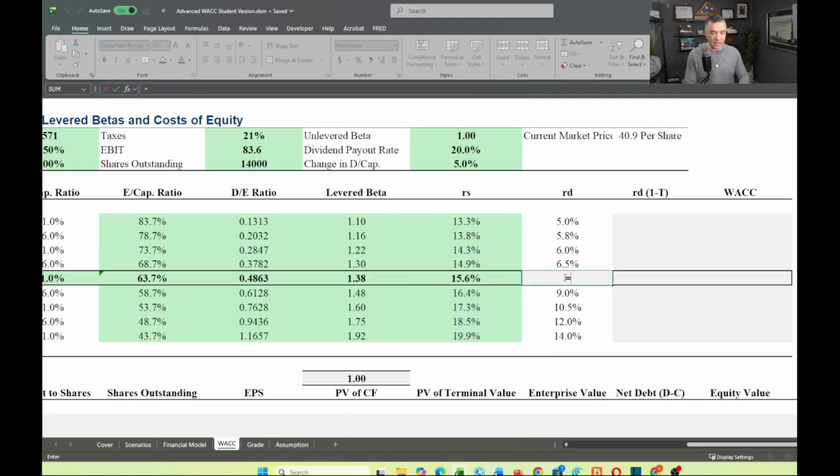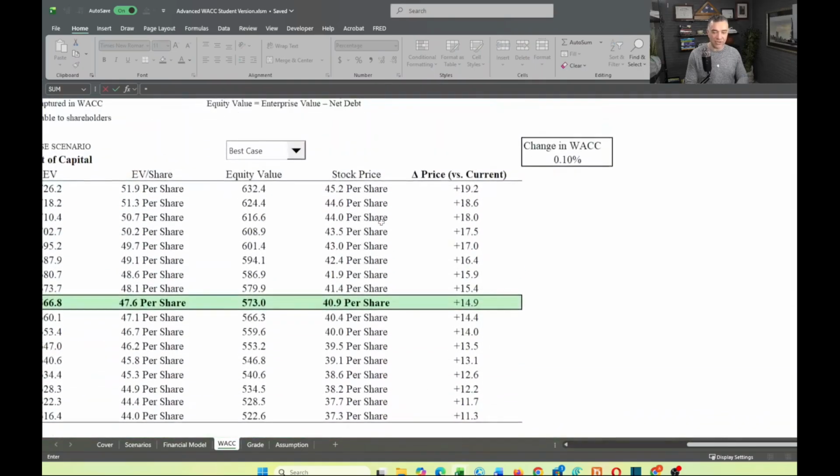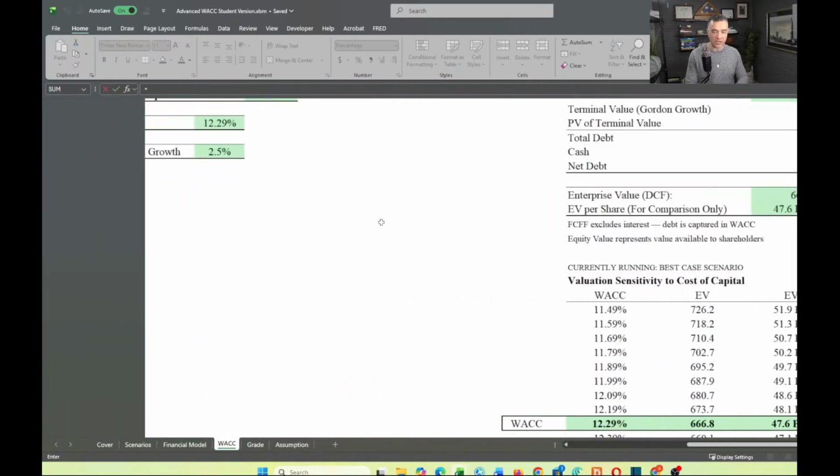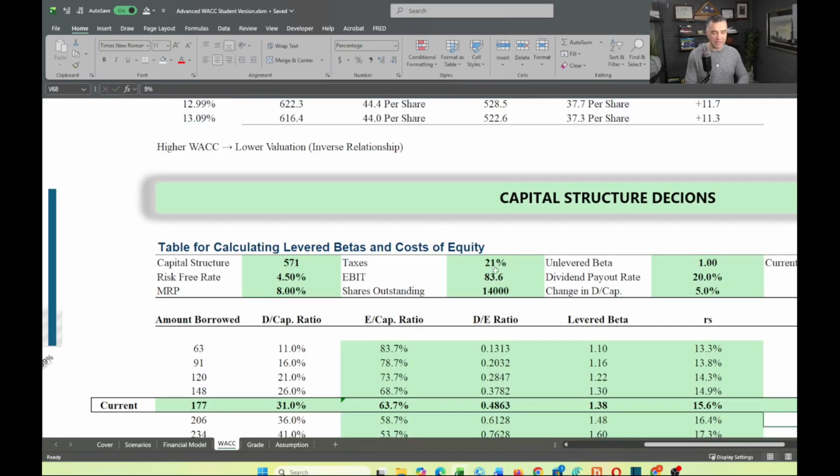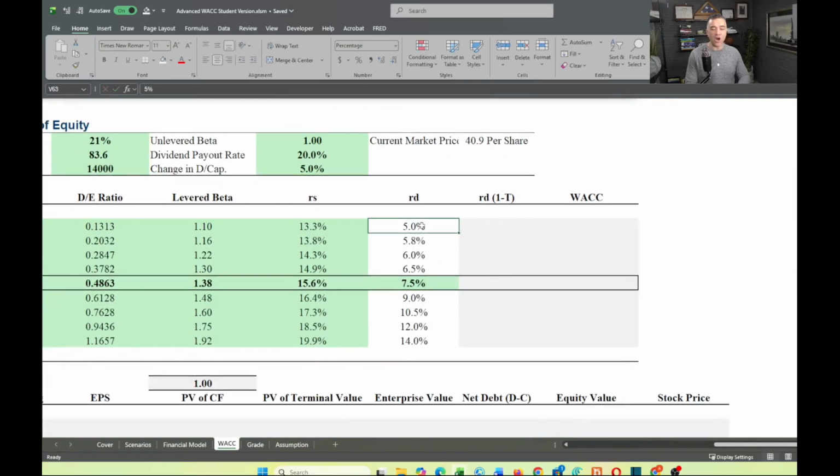Okay, I'm going to bring in the current debt level, the next part, because we're going to calculate the WACC. Our cost of debt was 7.5, that's before taxes. I hard-coded these in, no real reason. All I showed was with more debt, you're more risky. That means a bank will charge you a higher interest rate.